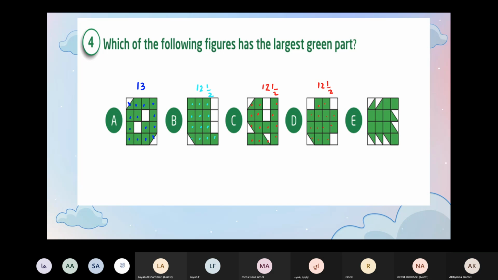Hala, choice E, the last one. Count how many green parts? 1, 2, 3, 4, 5, 6, 7, 8, 9.